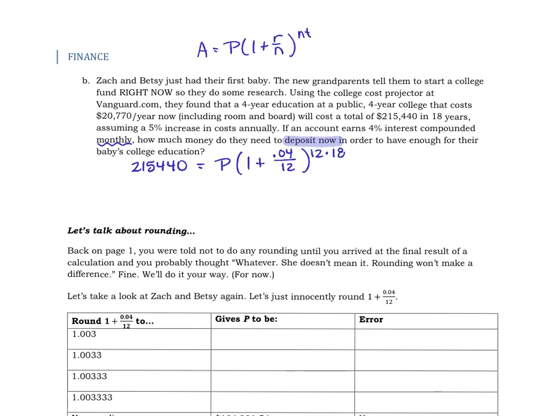And then you're going to want to type in the 215,440 divided by answer, so second negative symbol, and at that point you can round. In order to save for their baby's college education, this set of new parents needs to be able to deposit a mere $104,991.54.